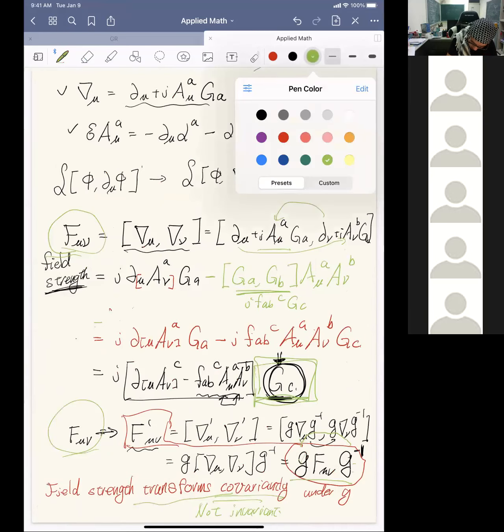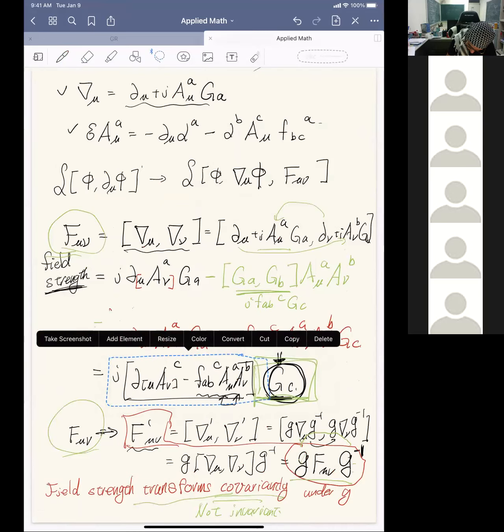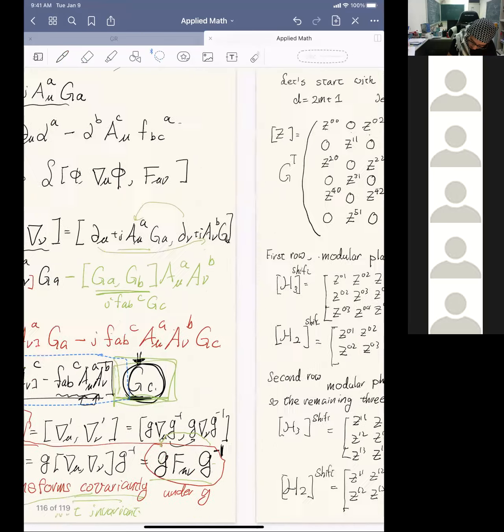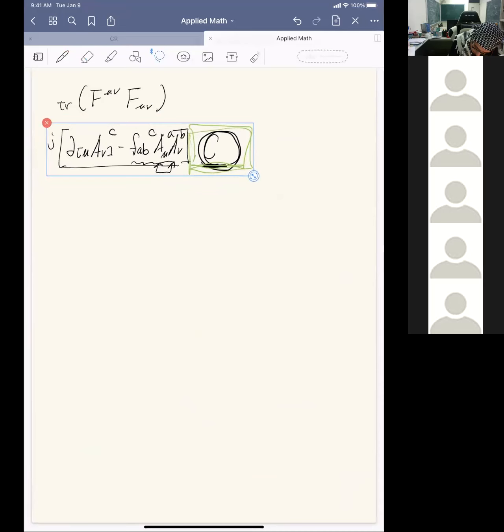Actually, let me just copy and paste. We already know that the field strength takes this form. So let's use that.